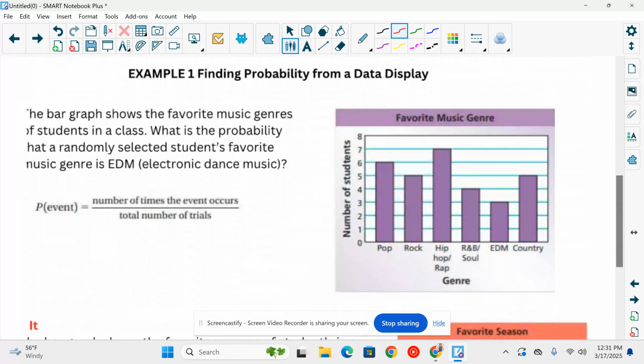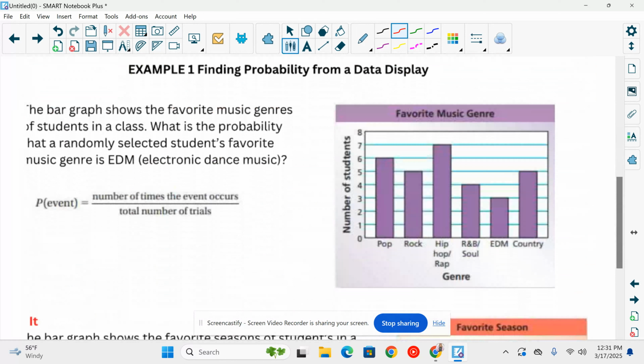So if I look at example 1 here, we're looking at favorite music genres. Would this be considered a quantitative study or a qualitative study? Here are your answers down here at the bottom. Qualitative. They're put in the categories: pop, country, rock, hip hop.